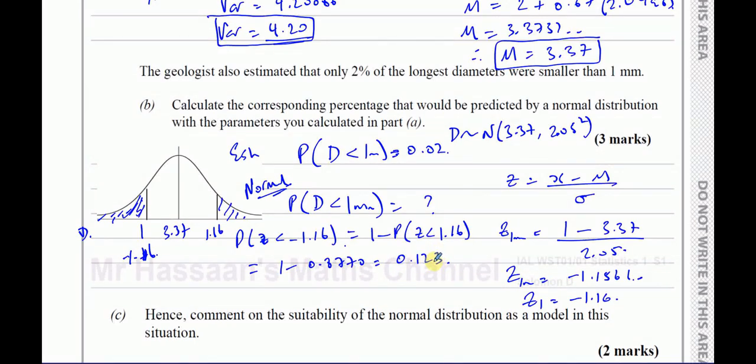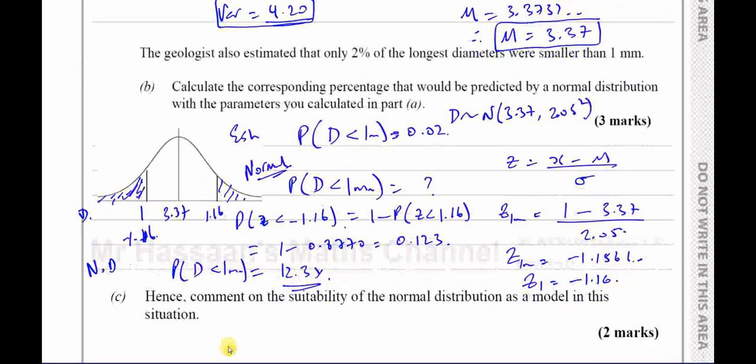So according to the normal distribution, the probability that the diameter is less than 1 millimeter is equal to 12.3%.